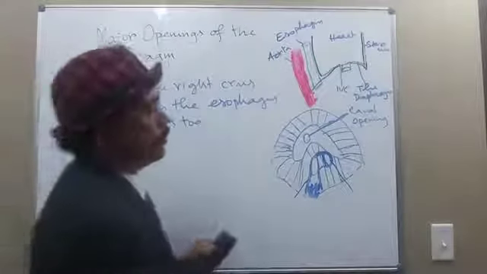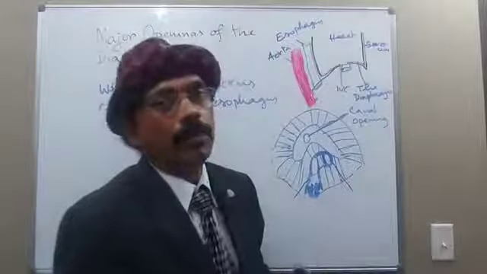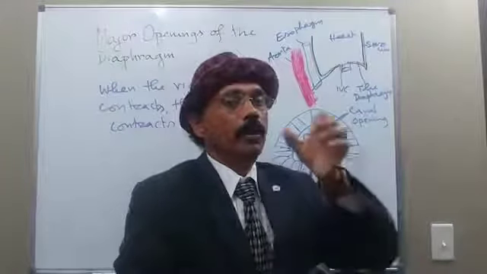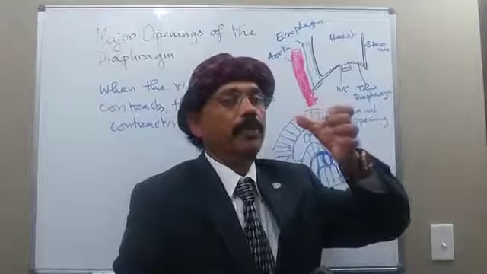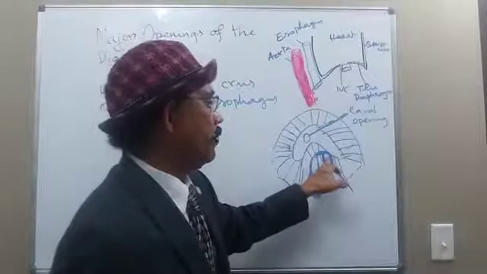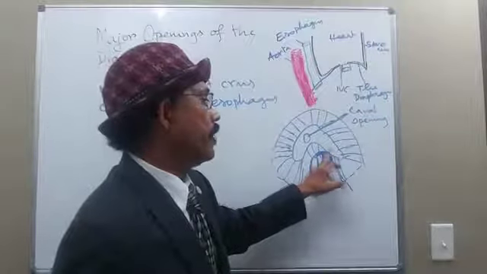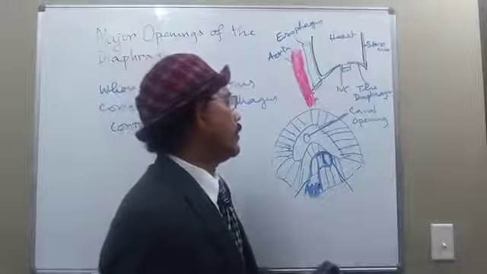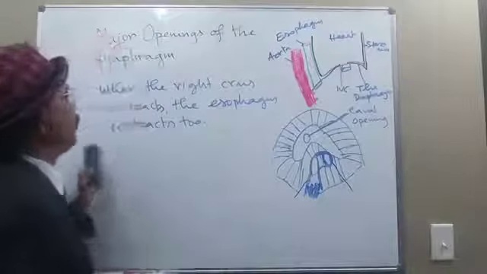Okay. So in case of the vena caval opening, contraction of the diaphragm will increase the size of the vena caval opening, but in case of the esophageal opening, the esophageal hiatus, contraction of the diaphragm will close this opening. Okay, so this is the difference. We got that.